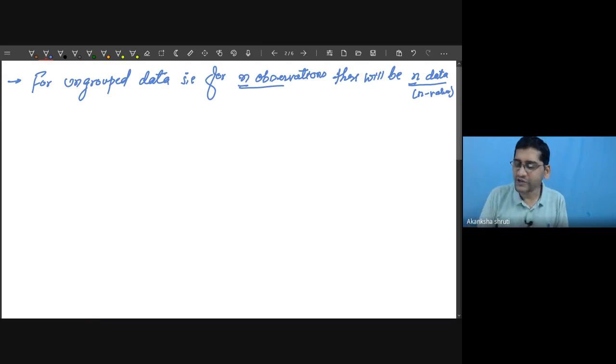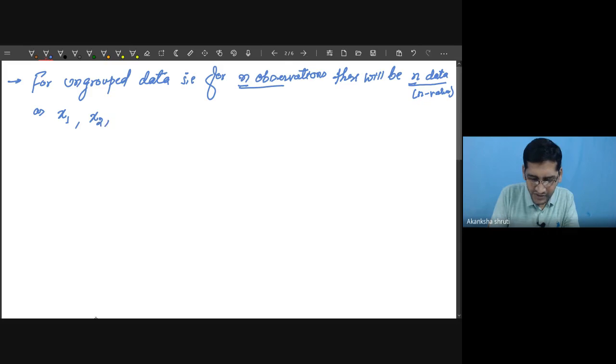These n values are x1, x2, x3. So of the n data, the first data is our x1, the second data is our x2, the third data is our x3, the fourth data is our x4, and this way there is xn. Example, let us understand this because it is very important. Here we have the n observations.